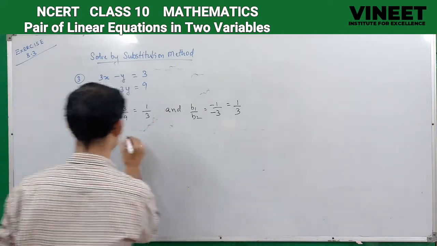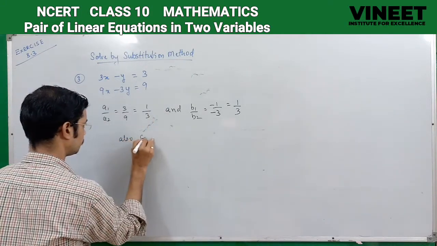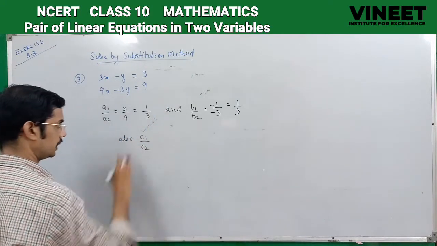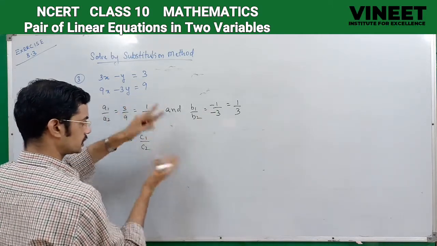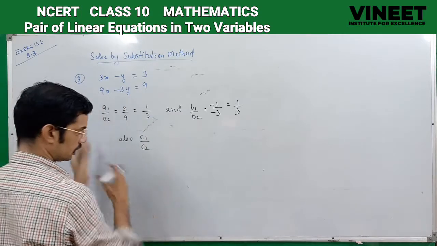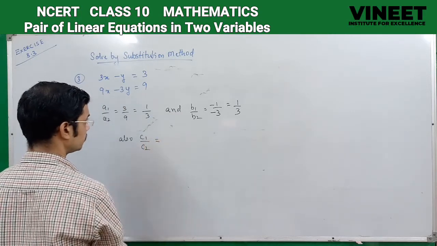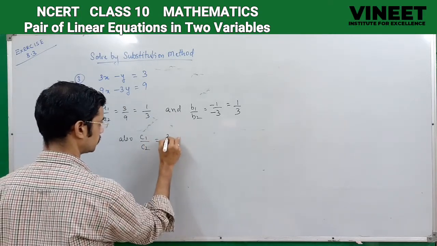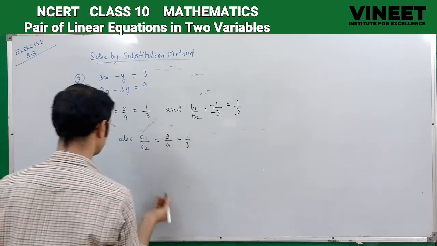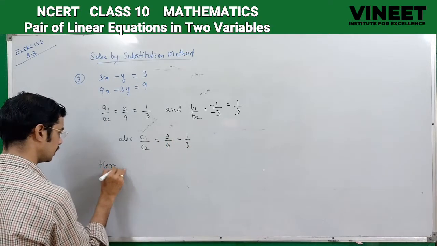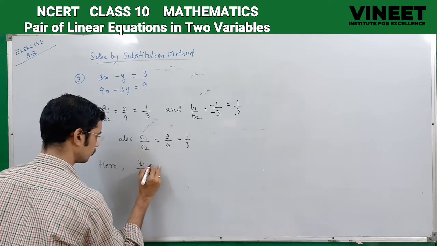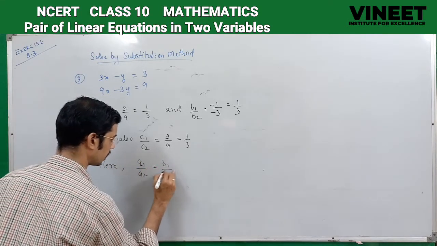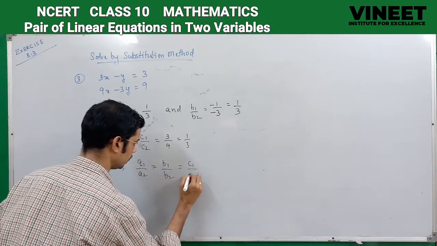Also, what is c1 by c2? When they are equal, you need to check whether the ratio of the constants are also equal to the first two ratios or not. So c1 by c2 is 3 by 9, which comes out to be 1 by 3 again. So it is clear that a1 by a2 is equal to b1 by b2 equal to c1 by c2.